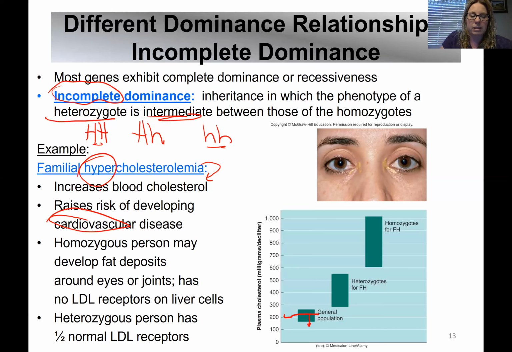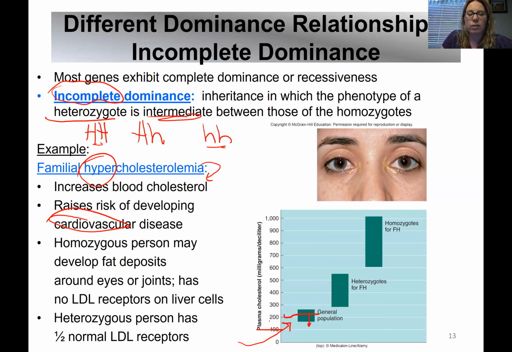And what happens is, in a person with a quote unquote wild type, normal type of genetic profile, they will have an abundant number of receptors on their liver to grab cholesterol out of the bloodstream, pull it in, and metabolize it.